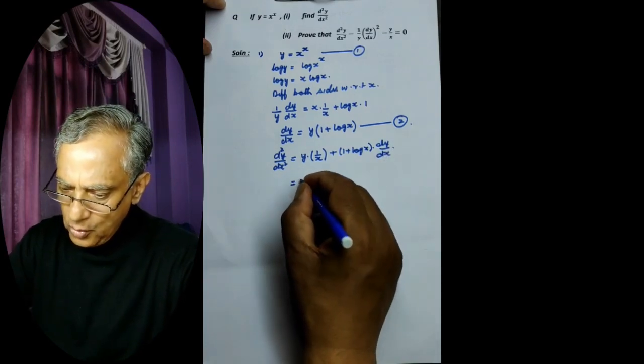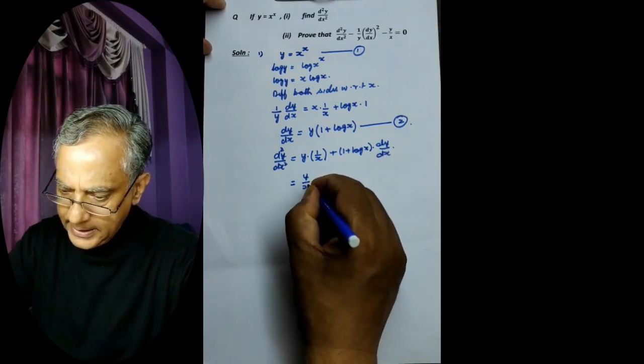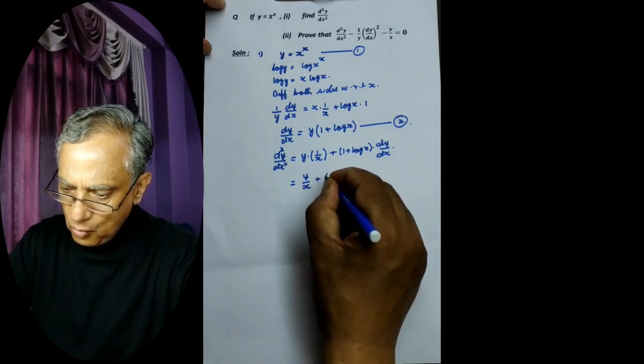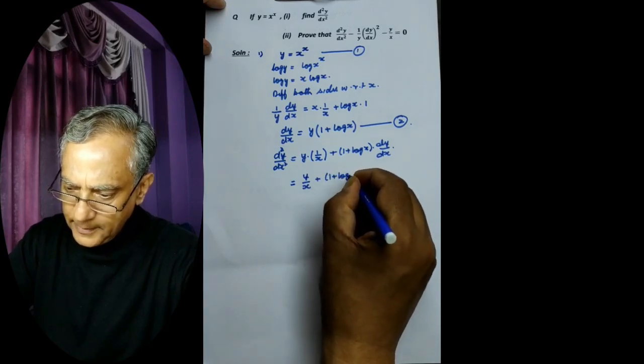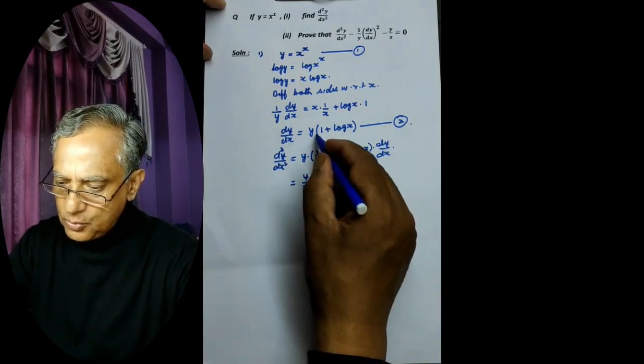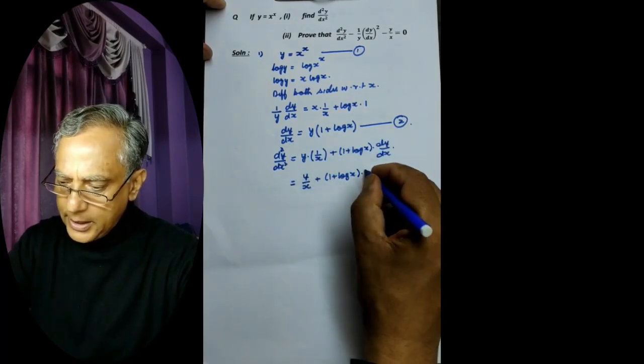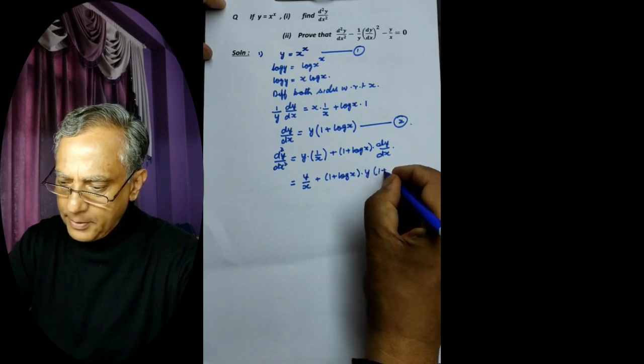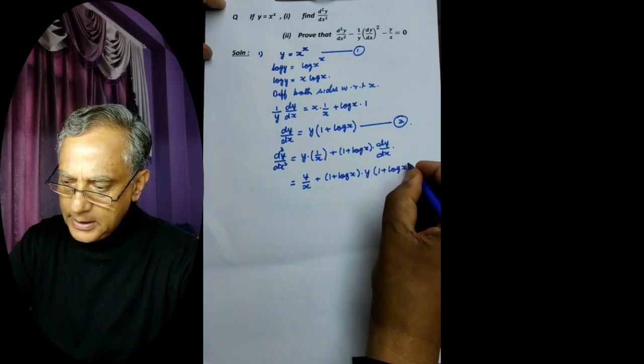This is equal to y by x plus 1 plus log x into dy by dx. dy by dx is y into 1 plus log x.